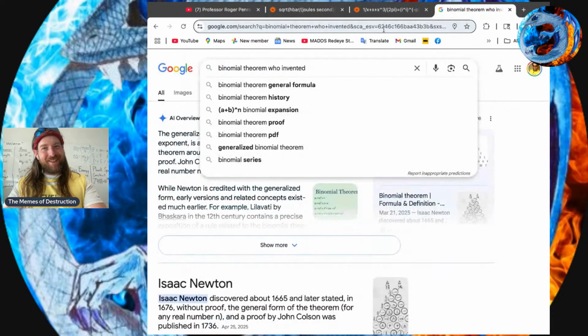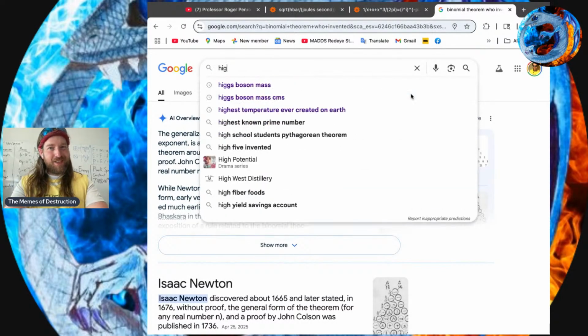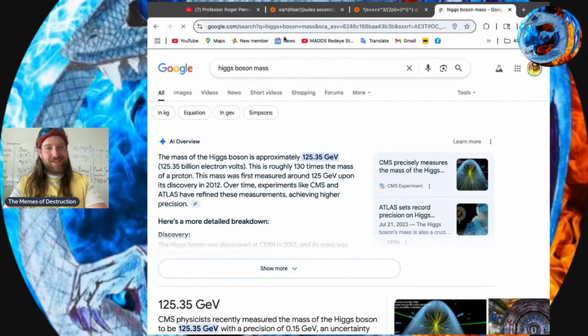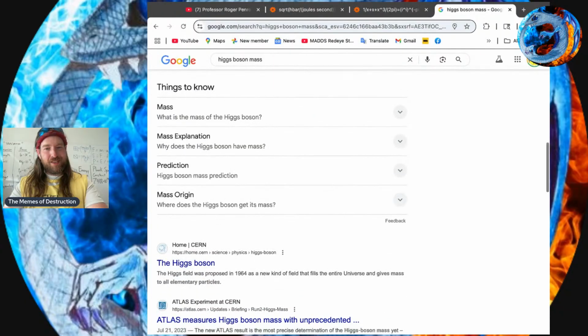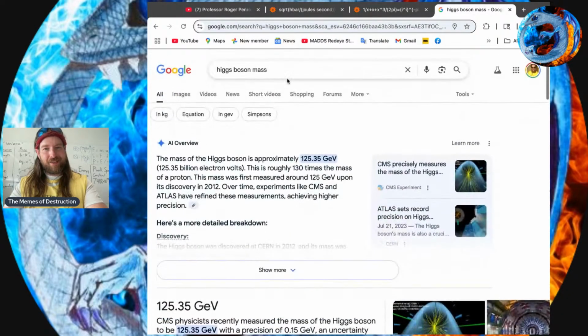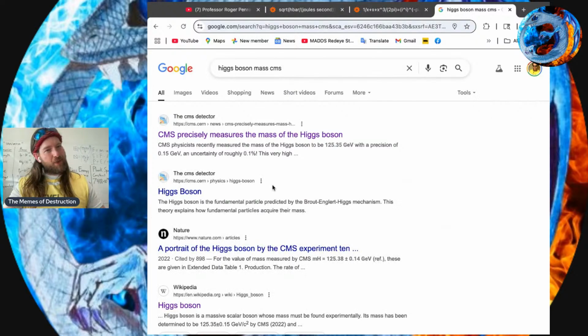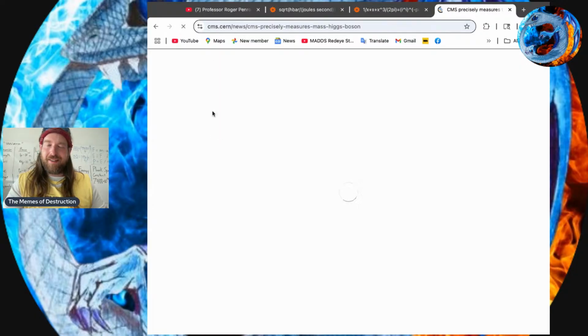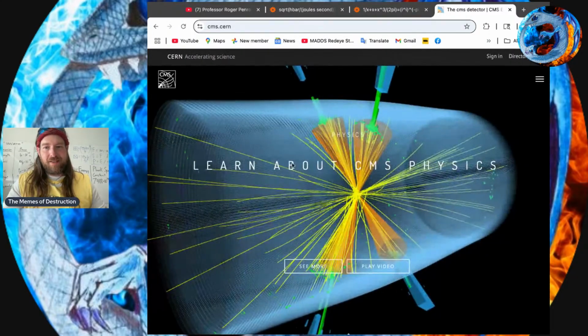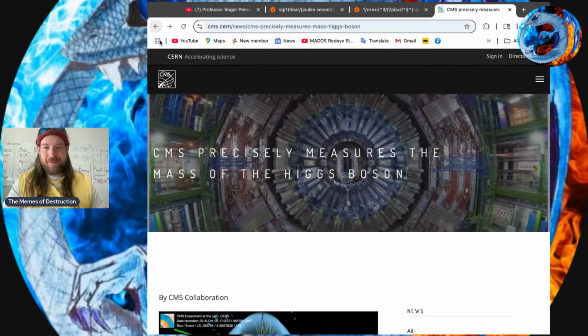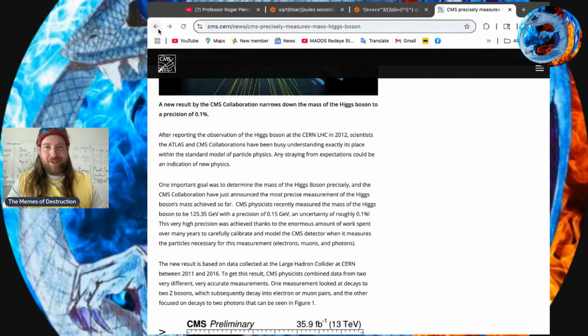So if we go to the Higgs boson mass, let's go to the CMS collaboration, which recently was awarded the Breakthrough Prize. I think this is the old one. We need to go back to the CMS collaboration. Okay, that was the old measurement.